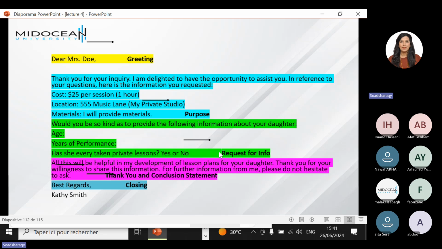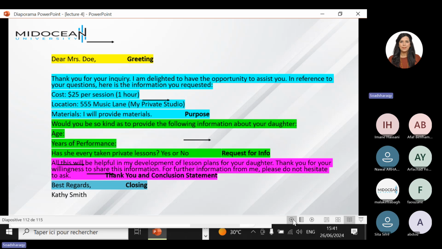As this will be helpful in my development of lesson plans for your daughter, thank you for your willingness to share this information. For further information from me, please don't hesitate to ask. Now here we see the conclusion statement and the closing. Best regards, Kathy Smith.